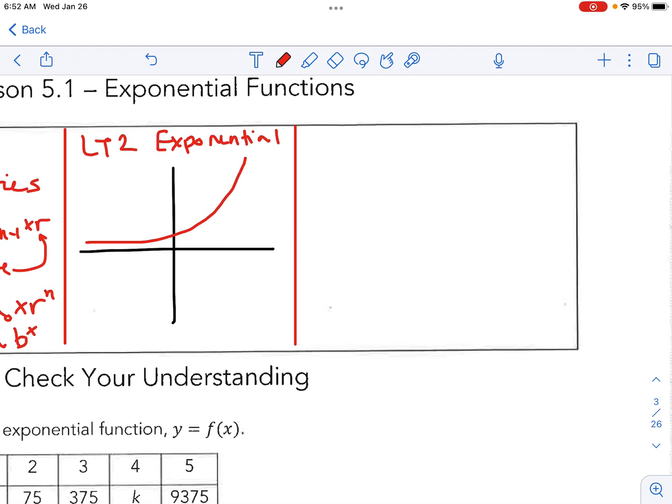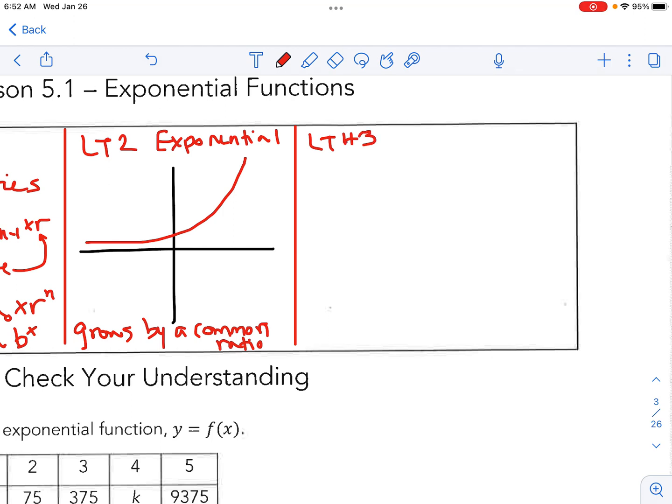So this is the exponential, this grows by a common ratio. It grows by multiplying, successive multiplying.